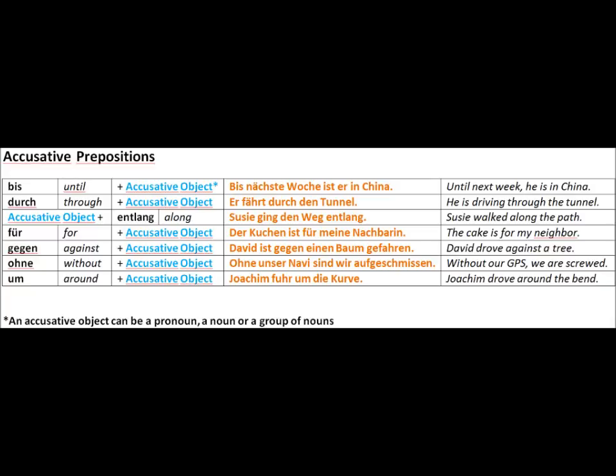David ist gegen einen Baum gefahren. Gegen is the accusative preposition, and it's followed by the accusative object, einen Baum. Ohne unser Navi sind wir aufgeschmissen. Ohne is the accusative preposition, and it's followed by the accusative object, unser Navi.